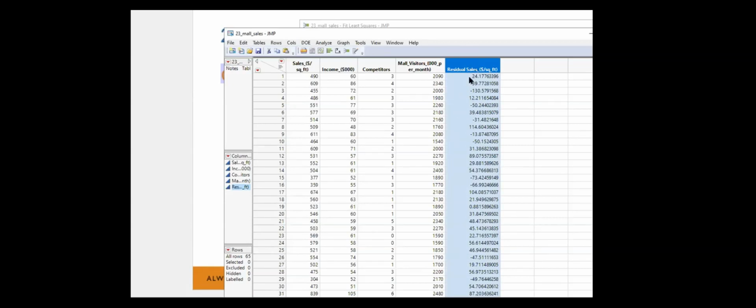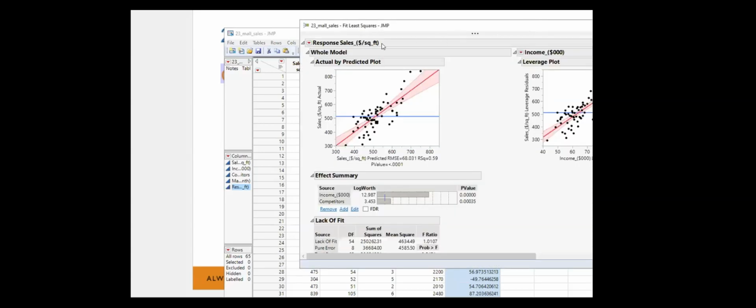The positive numbers are the points on top of the line. Negative numbers are the residual points below the line. And these numbers are actually the difference between predicted values and actual values. So how can I calculate the predicted values? That's also easy.